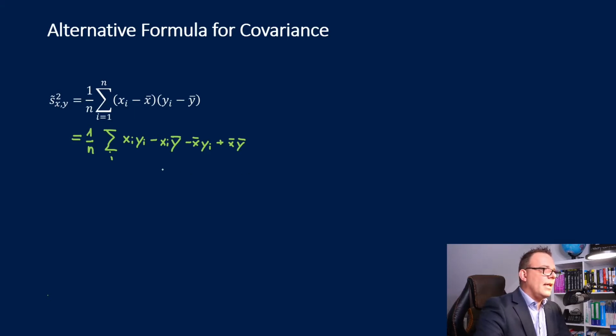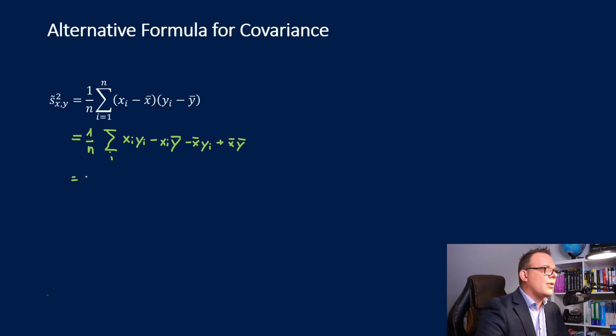Now we see that we have lots of additions or subtractions, minus, minus, plus. So we have many terms that are summed up. And if we have something like that, of course we can sum in the other direction. That means we can distribute this sum sign to all those terms.